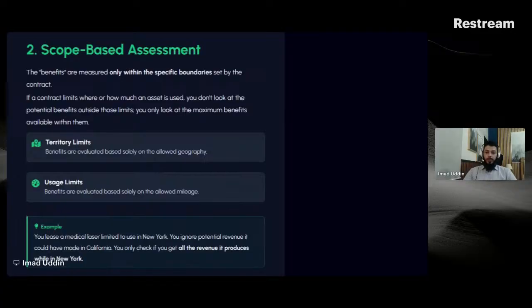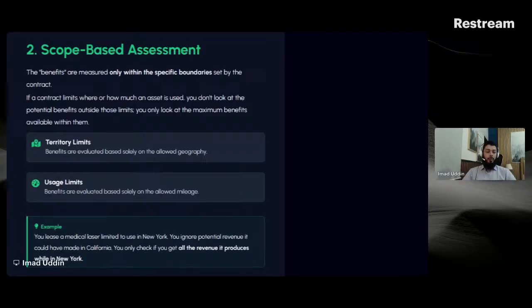Here's a quick example again. You lease a medical laser limited to use in New York. So if a particular device is only limited to use in New York, you know the potential revenue it could have made in California, but you only check if you get all the revenue produced while in New York.